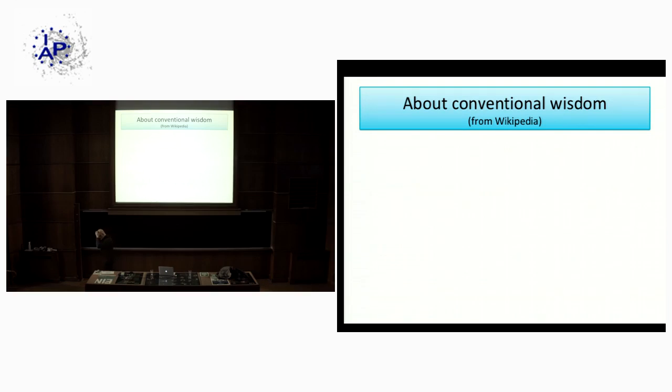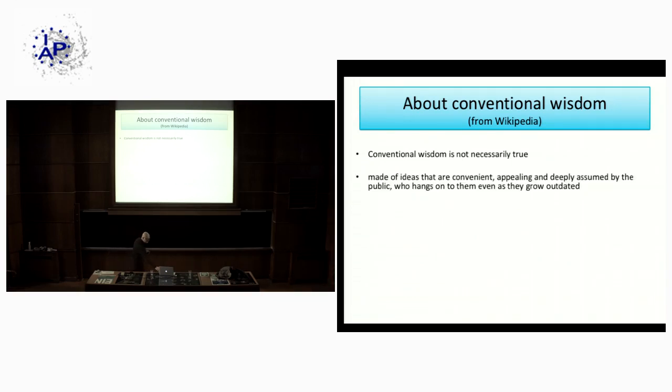So nowadays we have an oracle in our everyday life, which is Wikipedia. Let's see what Wikipedia says about conventional wisdom. Well, conventional wisdom is not necessarily true. It's made of ideas that are convenient, appealing, and deeply assumed by the public, who hang on to them even as they grow outdated. So let's see if some of these ideas actually have grown outdated or not.